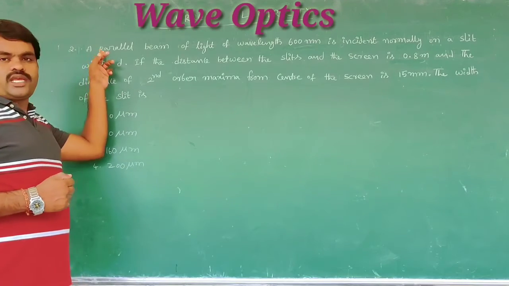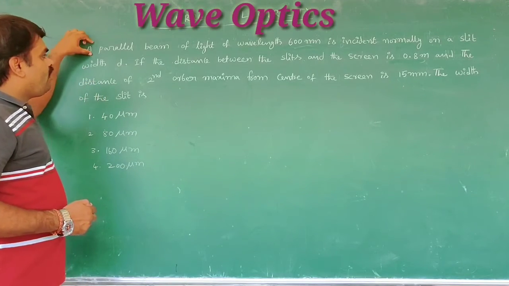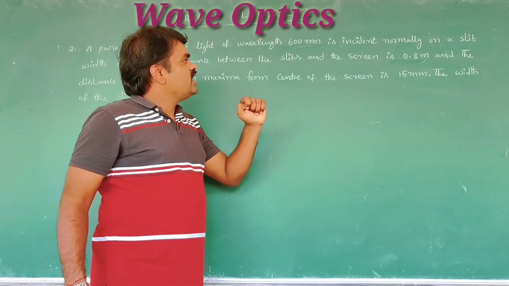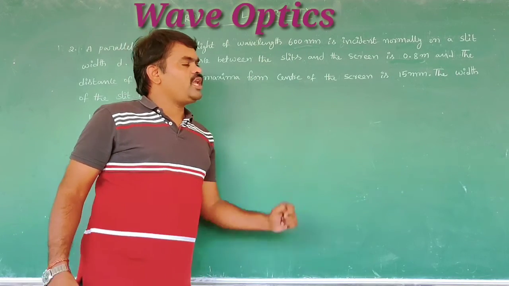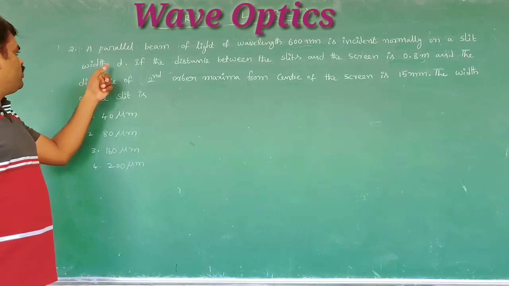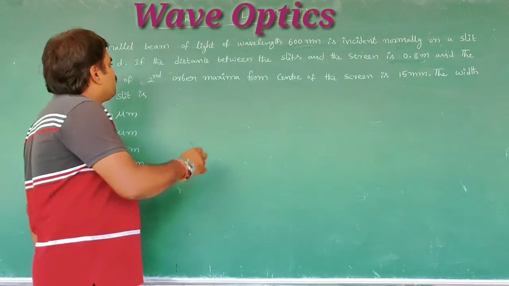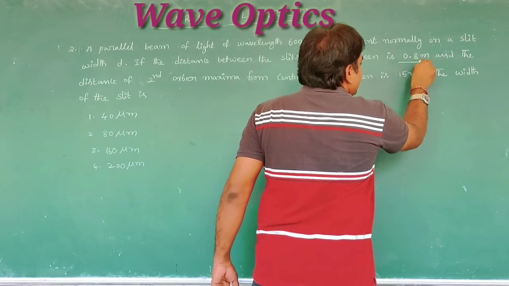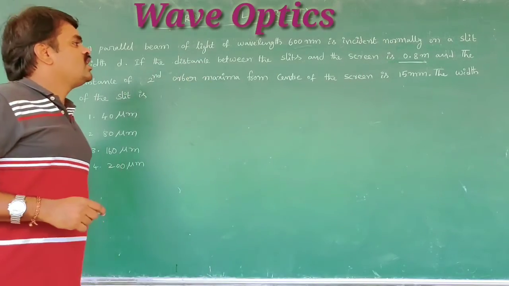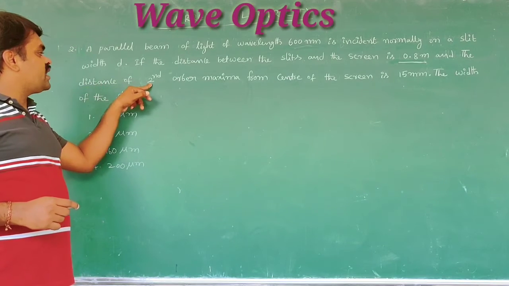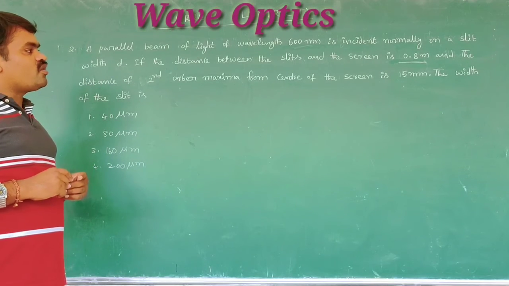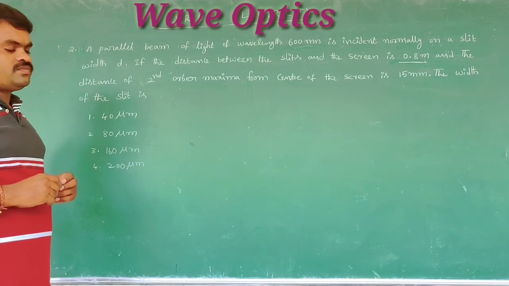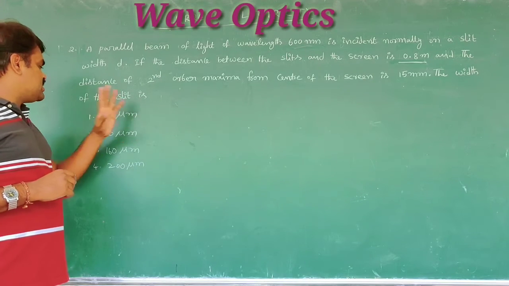Now, second problem. A parallel beam of light of wavelength 600 nanometer is incident normally on a slit of width d. If the distance between slit and screen is 0.8 meter and the distance of second order maxima from the center of the screen is 15 millimeter, the width of the slit is?